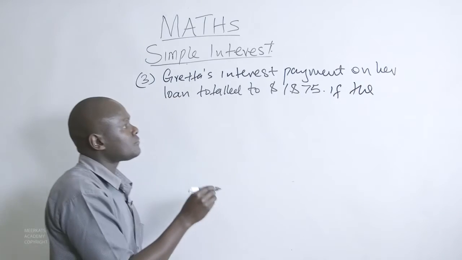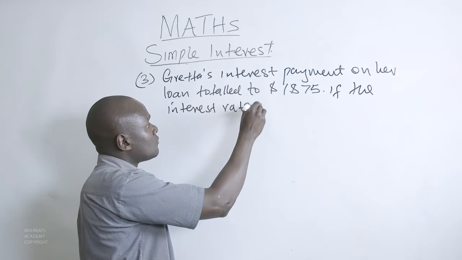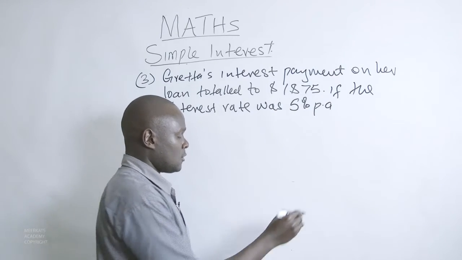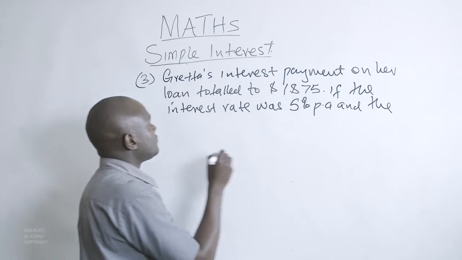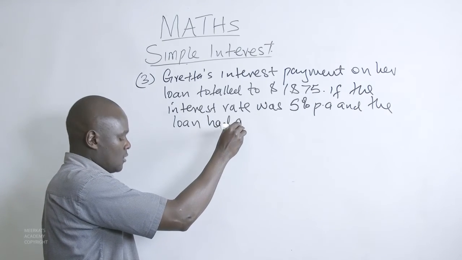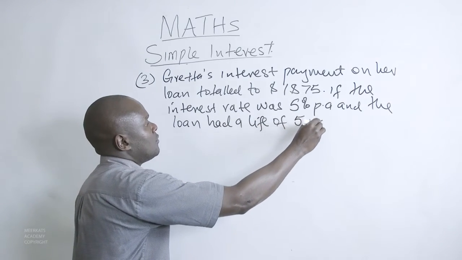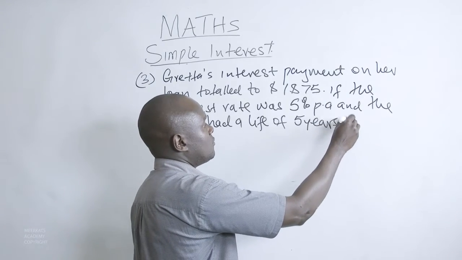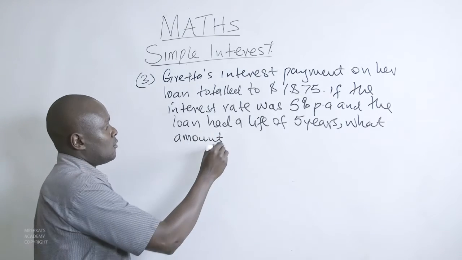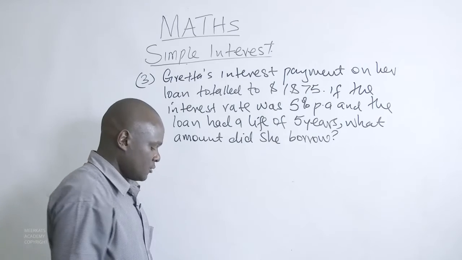If the interest rate was 5% per annum, and the loan had a life of 5 years, what amount did she borrow?